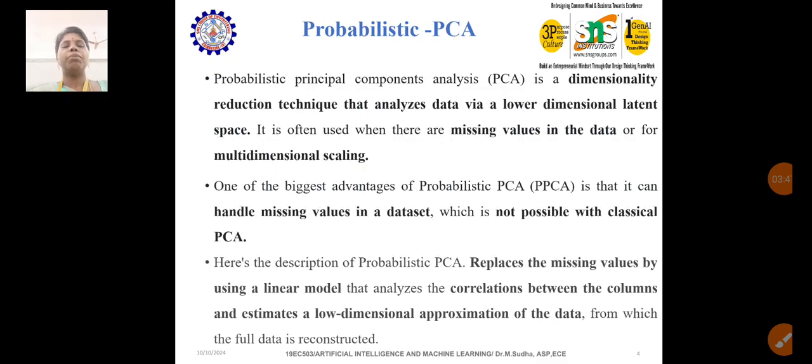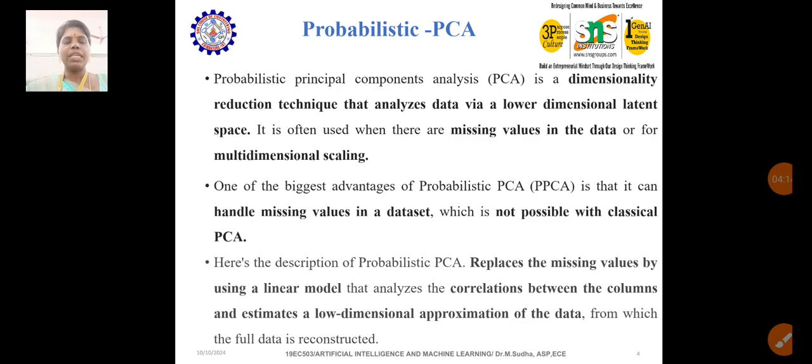And what is probabilistic PCA? Probabilistic principal component analysis is a dimensionality reduction technique that analyzes data via a lower dimensional latent space. It is often used when there are missing values in the data or for multidimensional scaling.